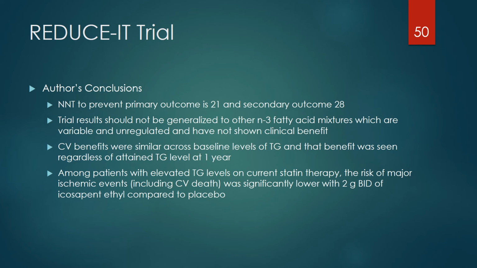So the authors concluded from this trial that the number needed to treat to prevent the primary outcome is 21 patients, and for the secondary outcome, 28 patients. Trial results should not be generalized to other omega-3 fatty acid mixtures, which are variable and unregulated and have shown no clinical benefit.